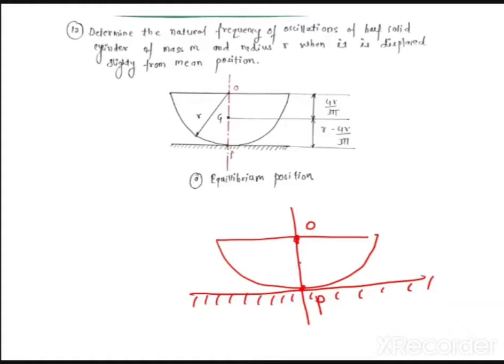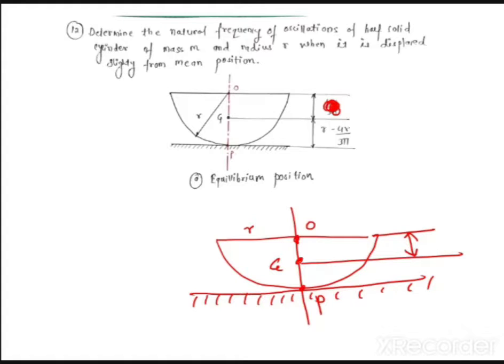Now you know that for this half cylinder G, the radius is R. This distance they will not give in your problem.